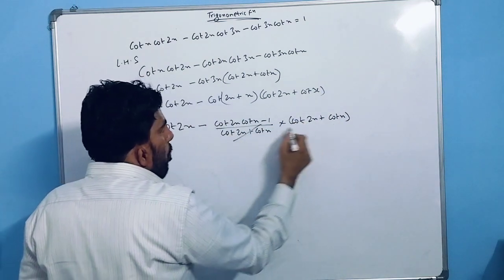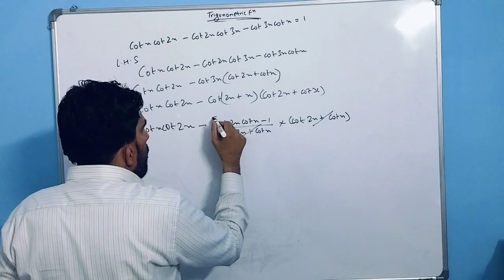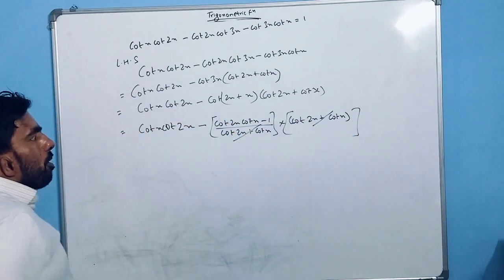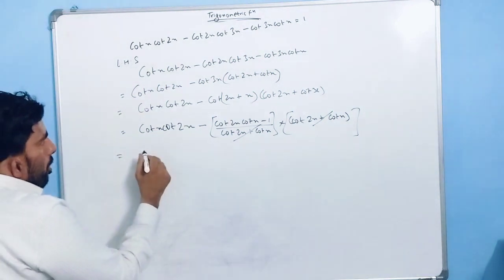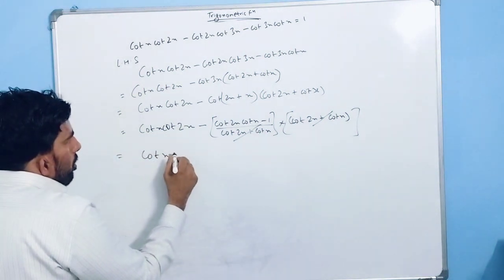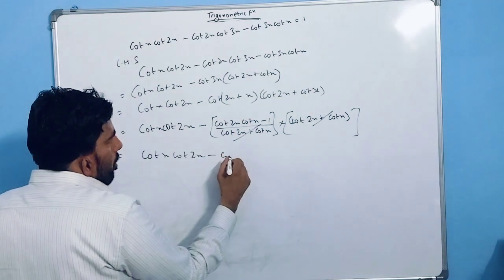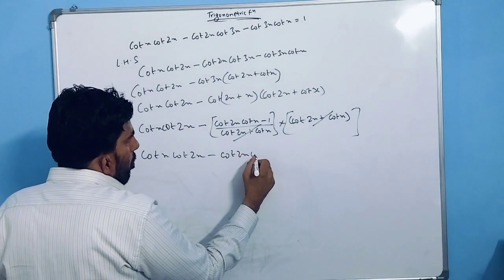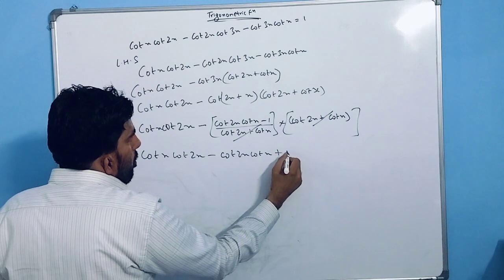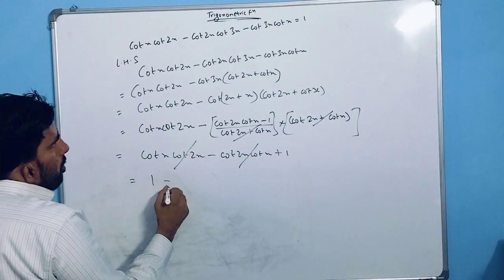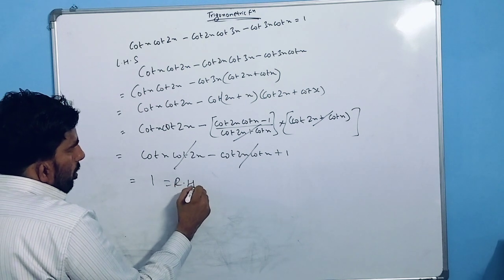After using that identity, what is left with us is cot x cot 2x, open the bracket, minus (cot 2x cot x minus 1), which leaves 1, the RHS.